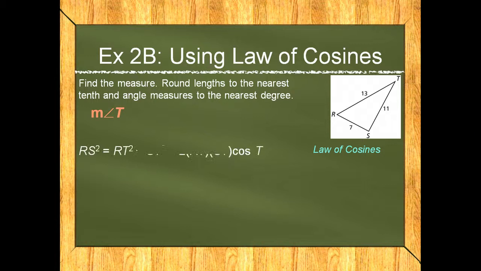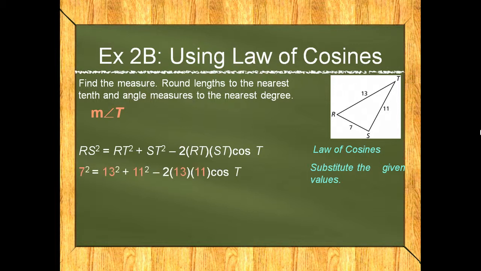Law of cosines says that RS squared equals RT squared plus ST squared minus 2 times RT times ST, cosine of T. We're going to substitute in the values we know. We have 7 squared equals 13 squared plus 11 squared minus 2 times 13 times 11 times the cosine of T.